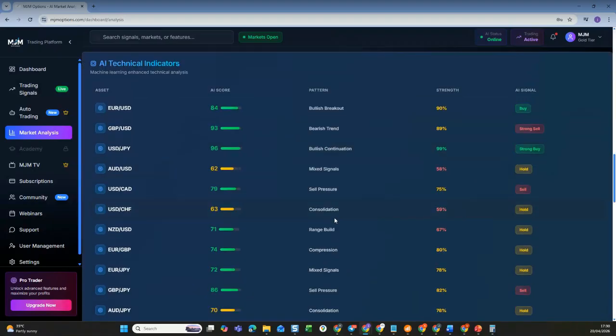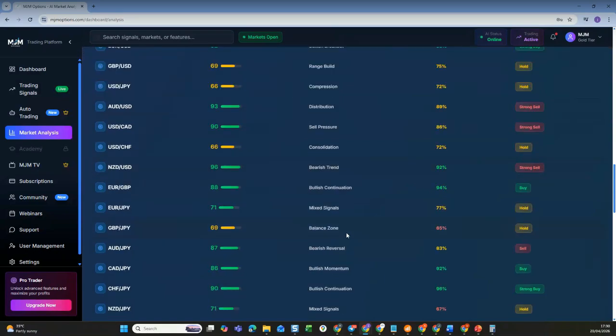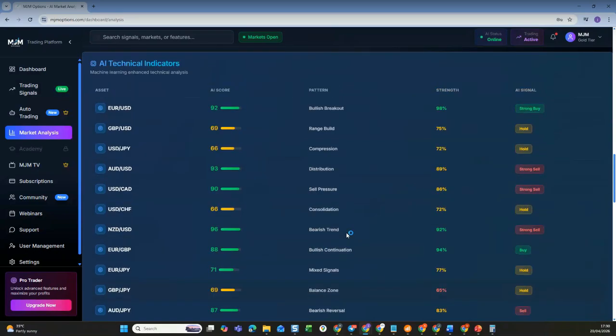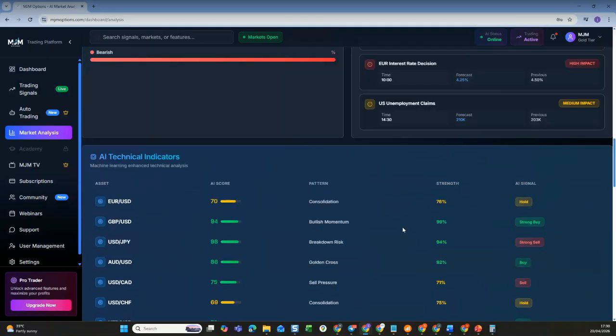From below, I'll work my way up. AI technical indicators talks about the ability of the AI to scan or read the chart and recognize patterns. The moment it recognizes those patterns, it uses that to give you an informed signal.